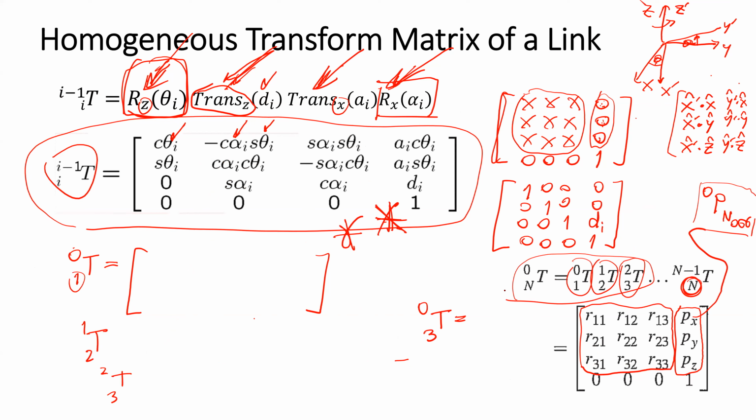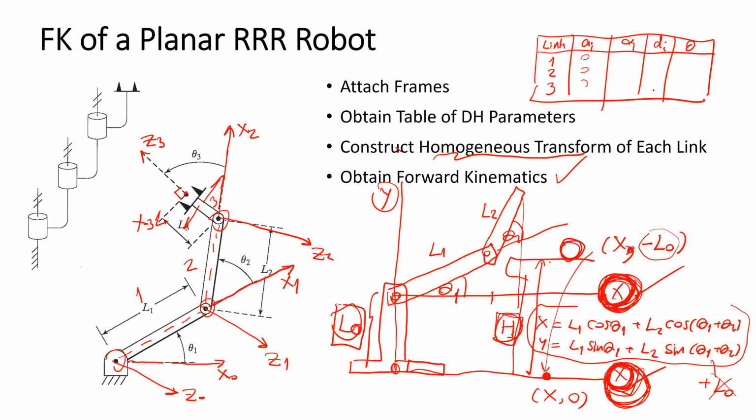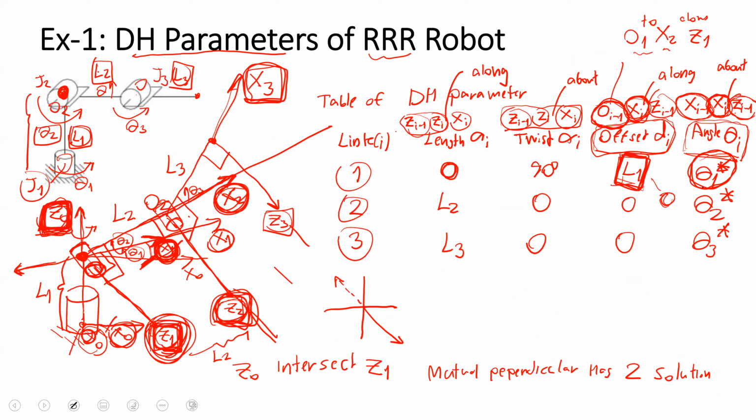I haven't put much effort into teaching you how to do the product of the matrices, but I expect that you know how to do it, right? So please practice by yourself. For example, from this example, you compose the parameters, construct the matrices, and obtain the product of the matrices, and see what is the position of the endpoint with respect to the global frame.